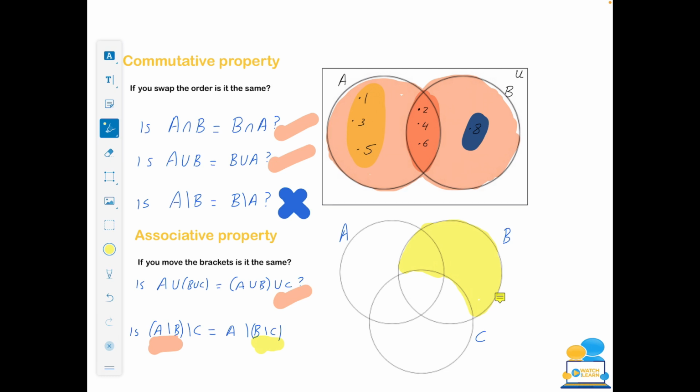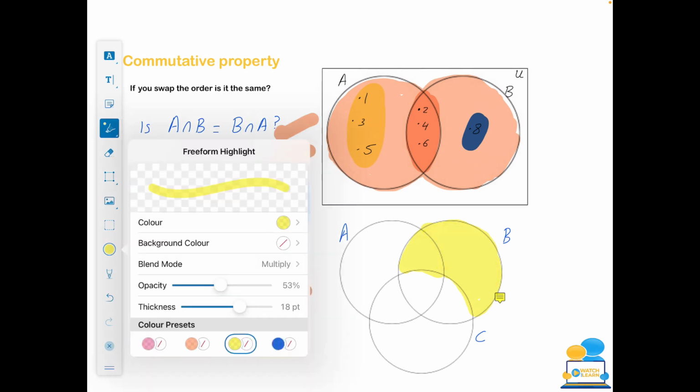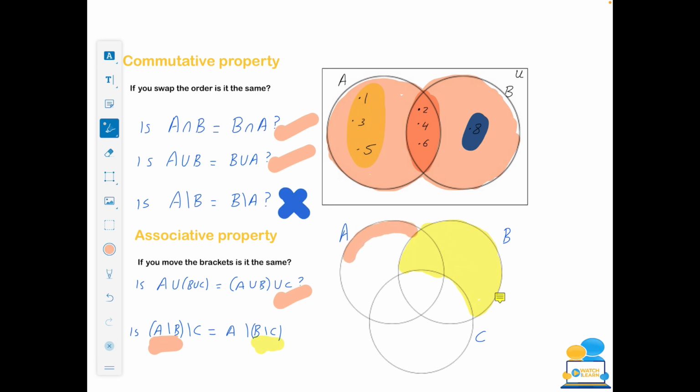Now what we want is A without this section. So we want everything that's in A that's not in this section. So we're actually going to end up colouring in this section here. This new pinky orangey section that I'm colouring in is what's in A without everything in the yellow section.